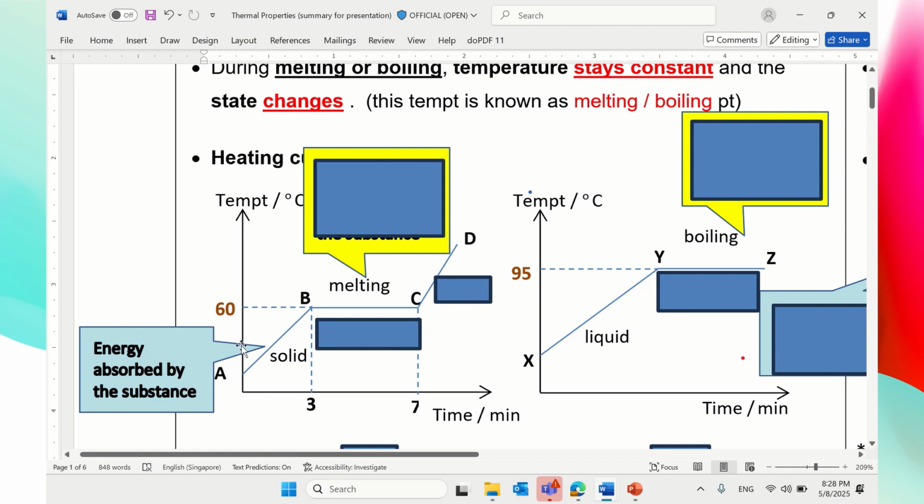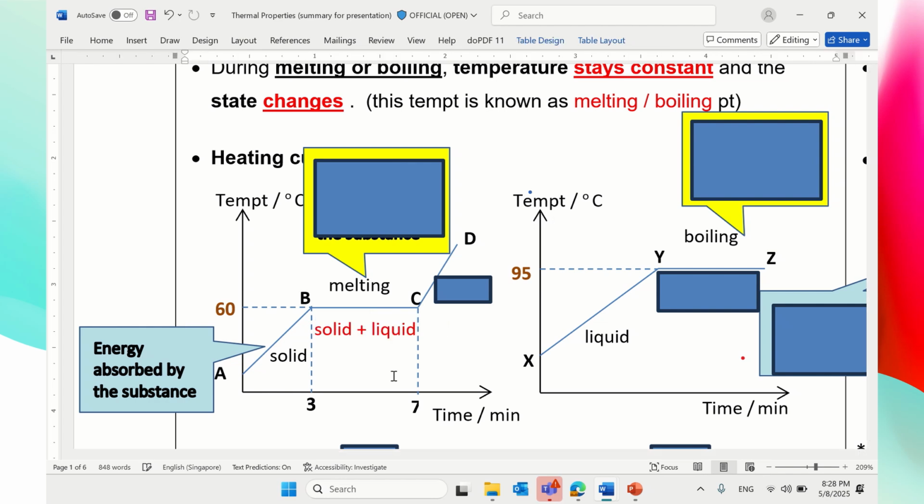Now next, during melting, the solid would have started to melt. So you will see two states here, solid plus liquid. So during the melting process, you see solid and liquid forming.